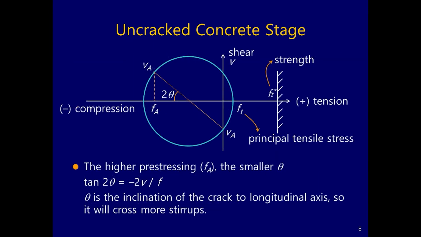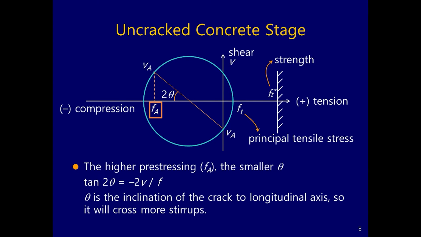And in the Mohr circle, it shows like this. So if you have an axial precompression, your Mohr circle is shifting more to the left-hand side of the y-axis, and principal tensile stress is very close to the 0 point. Okay, V positive or negative doesn't really matter.